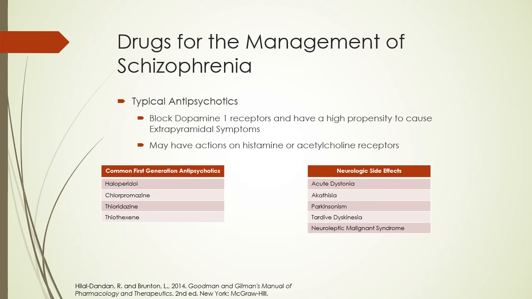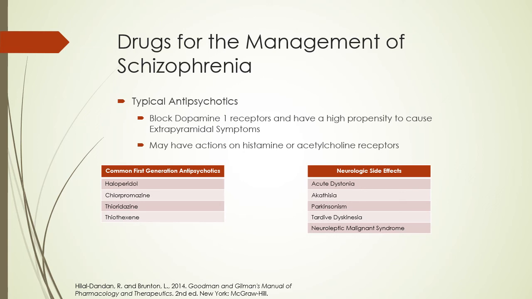However, because dopamine 1 selective antagonists, or the typical antipsychotics, have a very rudimentary structure, which means it is not very specific to the dopamine 1 receptor.